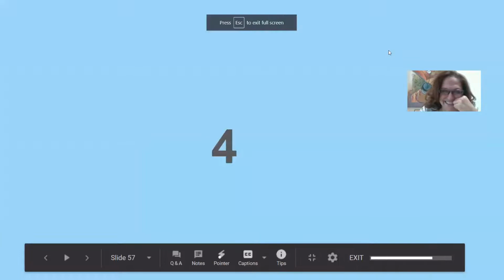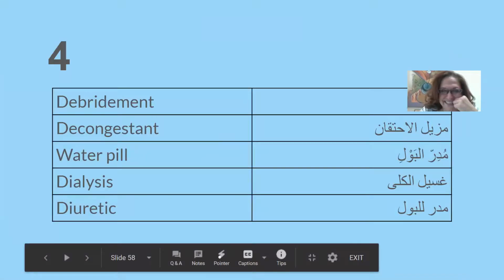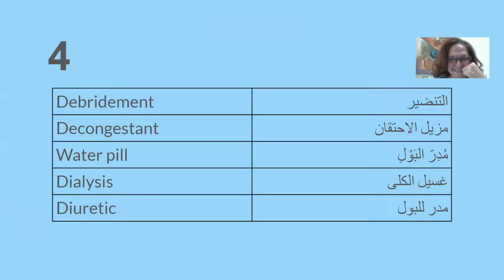And the previous one that I asked him first were these ones. This was harder, I guess. Because I know only 3 of them: the water pill, dialysis, and diuretic. Well, diuretic is kind of the same. But the first 2, to be honest, I don't know. Actually, water pill and diuretic, one is the low register term.